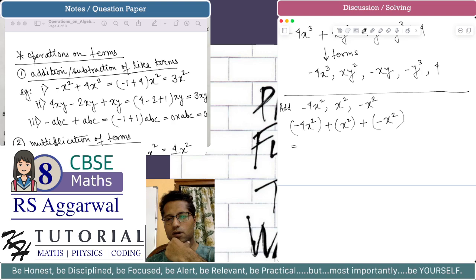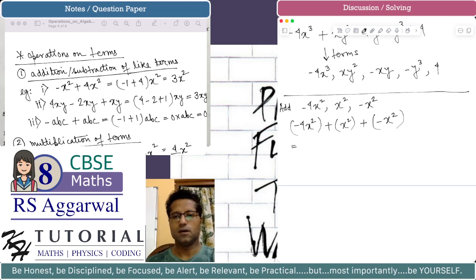So the result of adding one or more like terms is that you add their coefficients, and then multiply the sum of the coefficients by the literal factor.